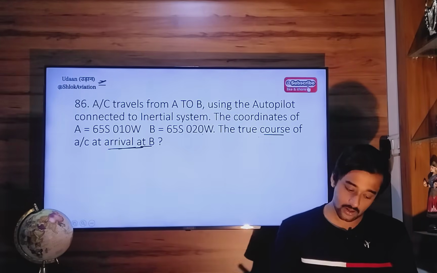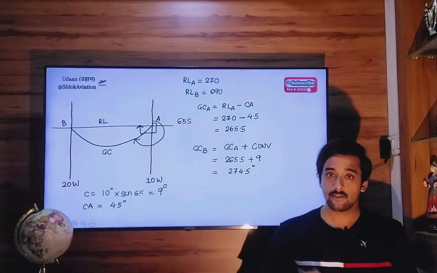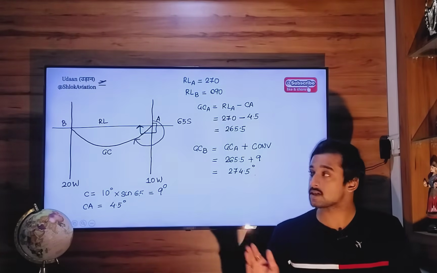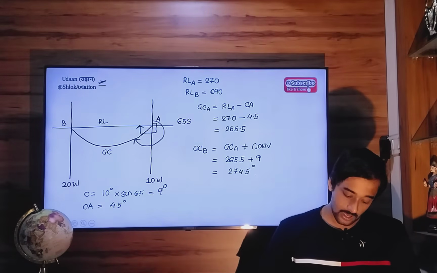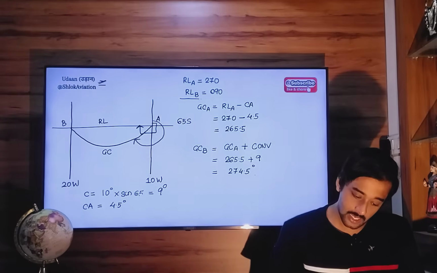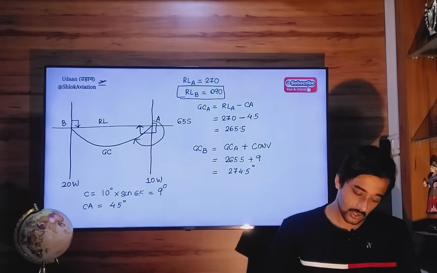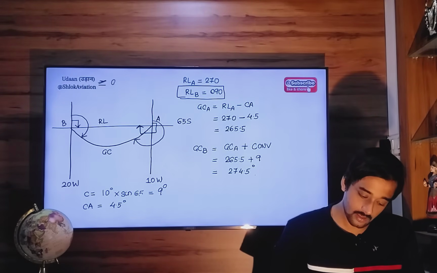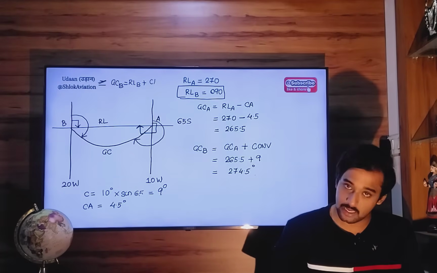So what is the track course at B? It is 274.5. Now if they had asked us to find out great circle track from B towards A, then what we would have done is this. We know the rhumb line track at B, which is 090. So great circle track at B will be rhumb line track at B plus the convergency angle between them.